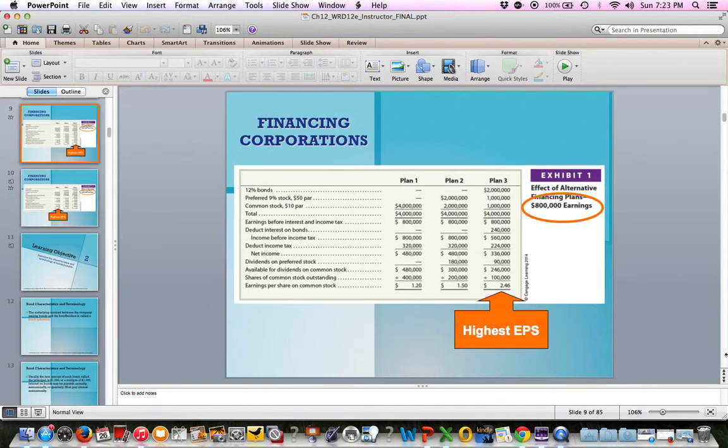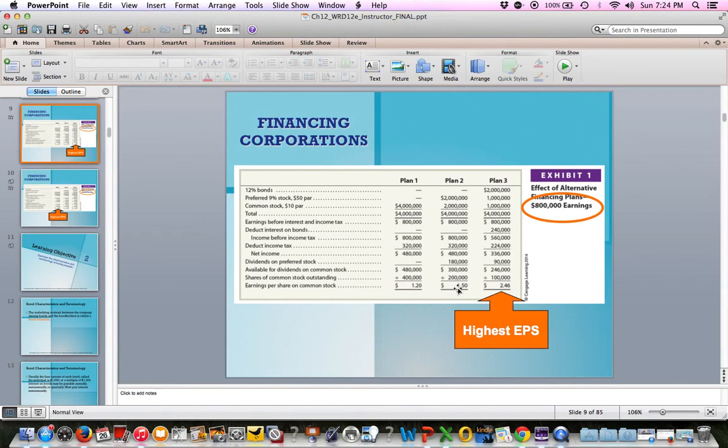So you can see the earnings before interest and tax, deduct interest on bonds, because interest of course reduces earnings, and then we have to deduct the income tax, which is 40%, to get down to net income. For Plan 1, we have a decent net income number, but because we issued so many shares of stock, we get the lowest EPS.